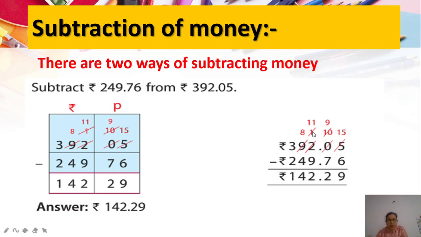My 1 became 11 and my 9 has to make 8. 11 minus 9, I will get answer 2. Here 8 minus 4 will be 4 and 3 minus 2 will be 1. And I put the dot after two places. So my subtraction answer is rupees 142.29 or I can read it as rupees 142 and 29 paise.